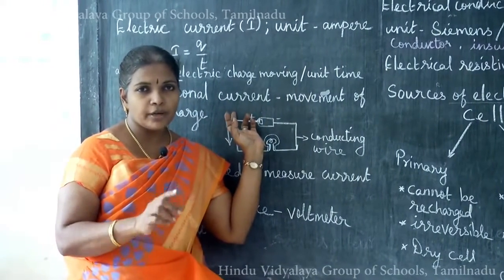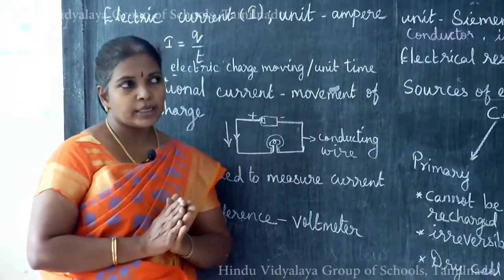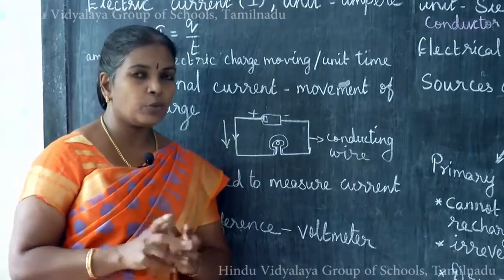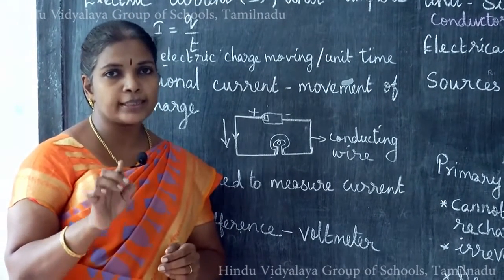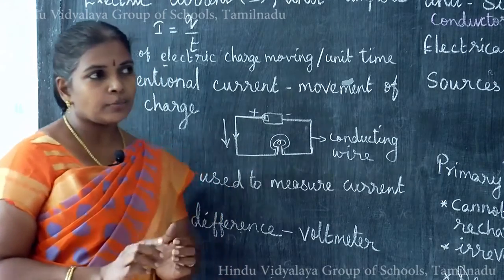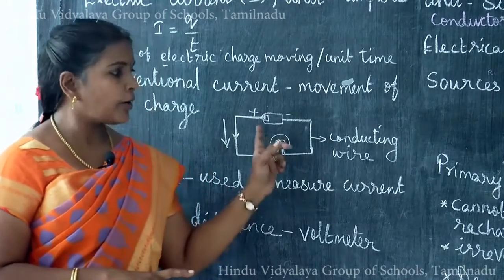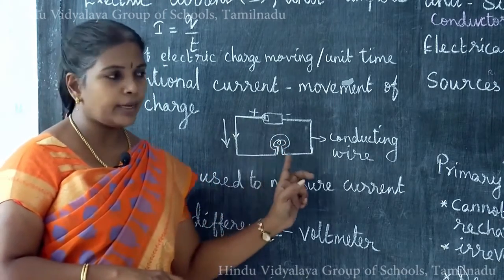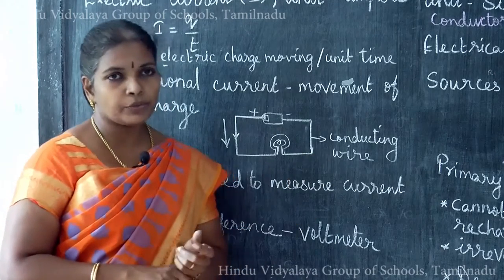The next, conventional current. What is the meaning of conventional current? You might have seen in an electrical circuit, mostly an arrow mark shows the direction of flow of electric current. And if you observe an electric circuit, the arrow mark is from the positive terminal of the battery to the negative terminal of the battery.